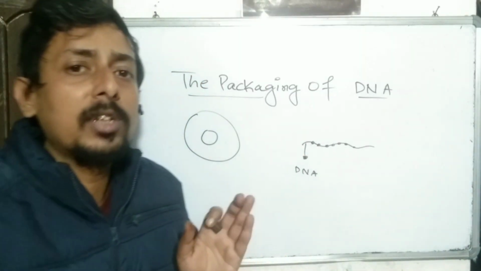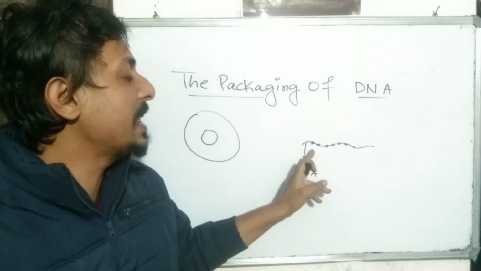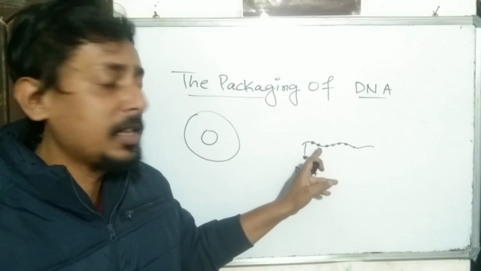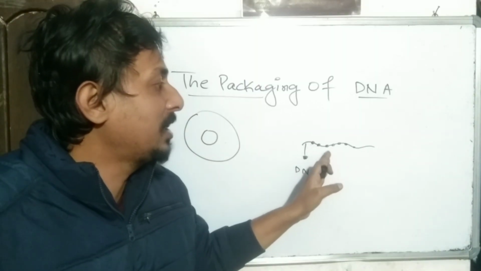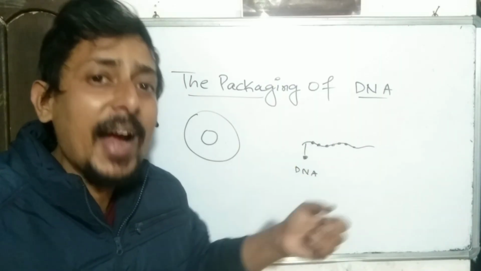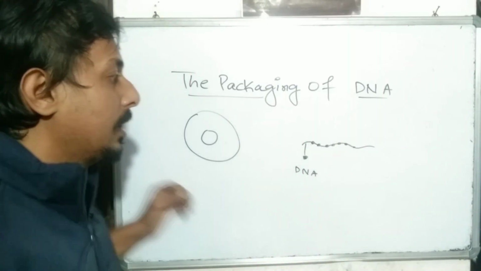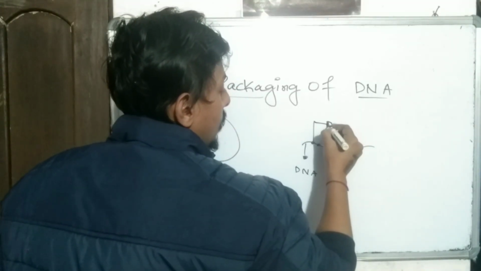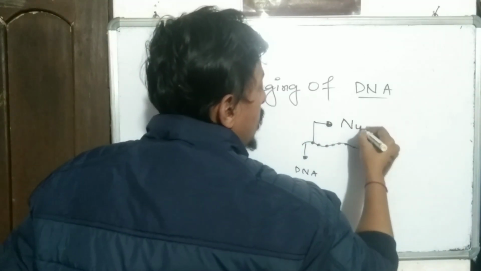So the first and foremost thing to remember is that the DNA looks like this. The significance of this structure is that it is due to the packaging of DNA. When the DNA is packed in a special structure, these beads appear. Now what are these beads? These beads are called nucleosomes.